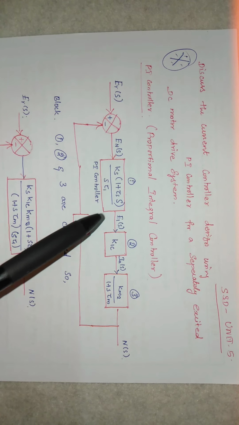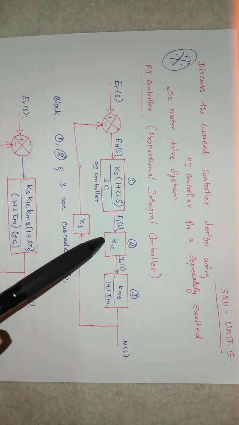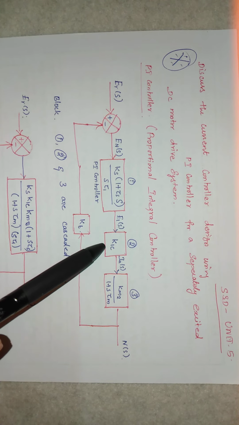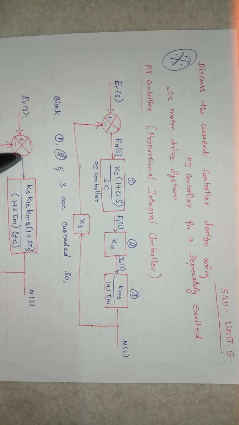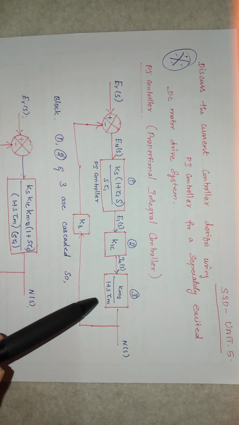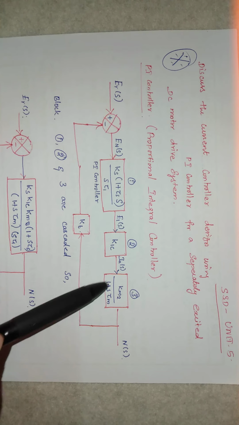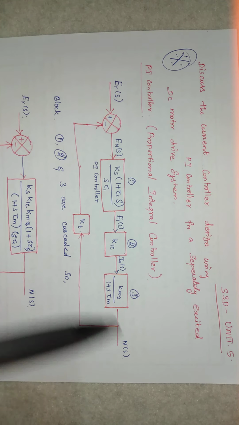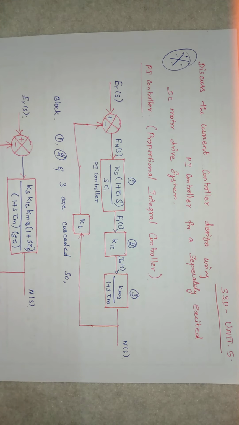Now the combined form of K and C will be called KIC, and the machine produces speed. So this is the flow of our PI controller design.